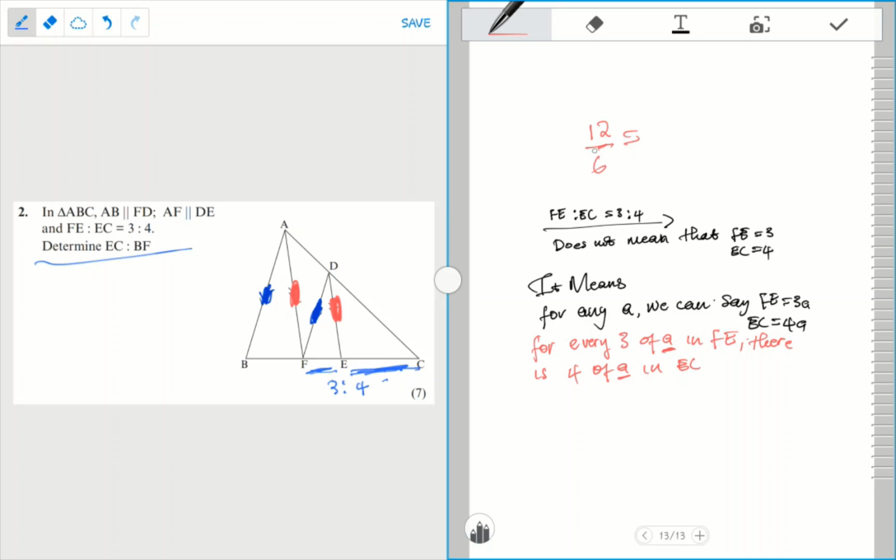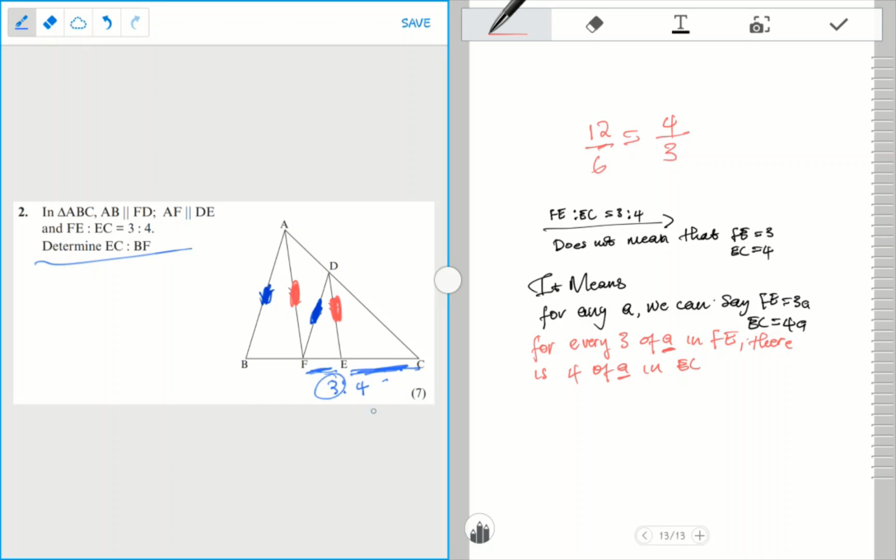How many times does 3 go into 12? It goes 4 times, and here it goes 3 times.